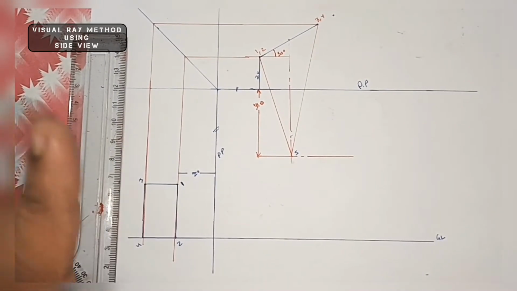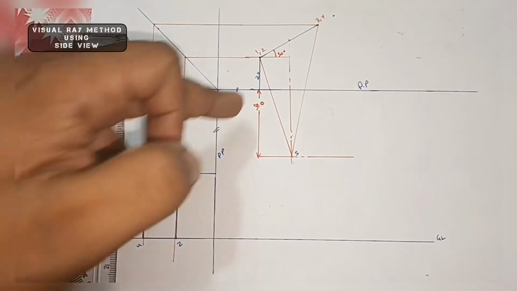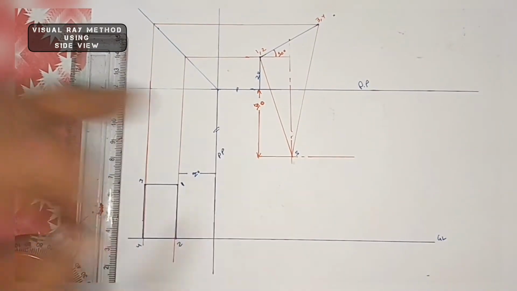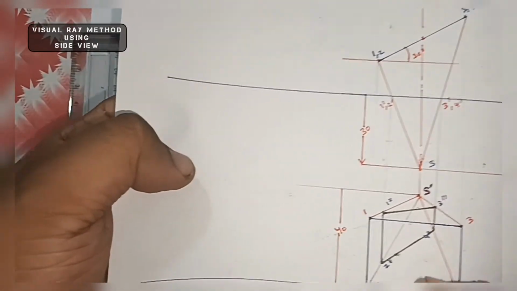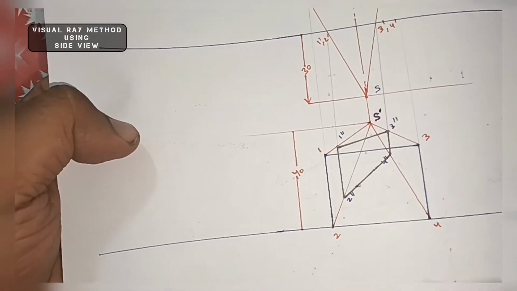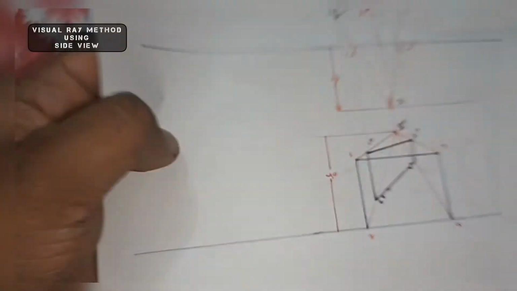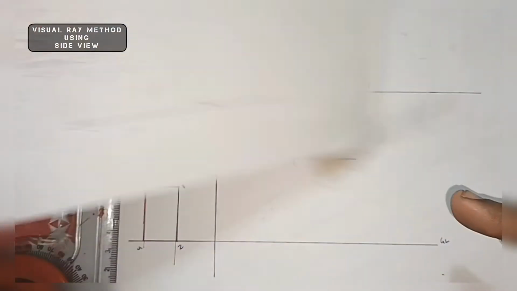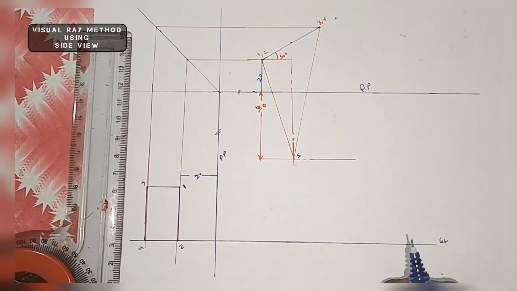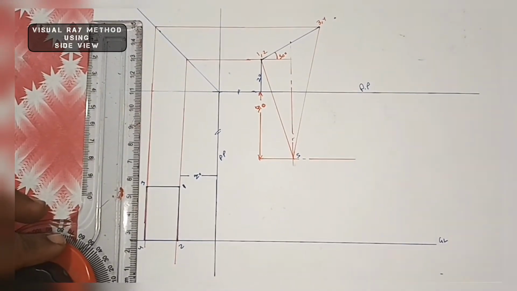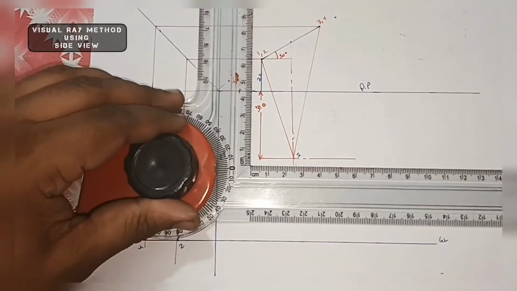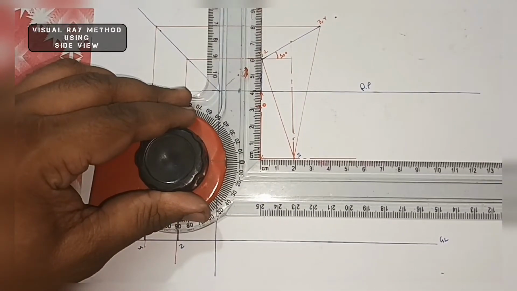Now we have to assign S. S is 30, as we had taken S as 40 above the ground line, so 40 above the ground line, and this 30 is in front of.